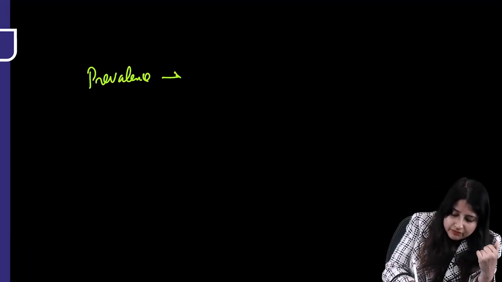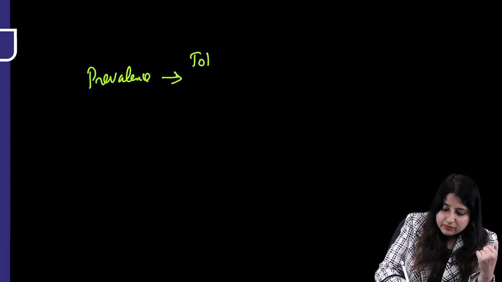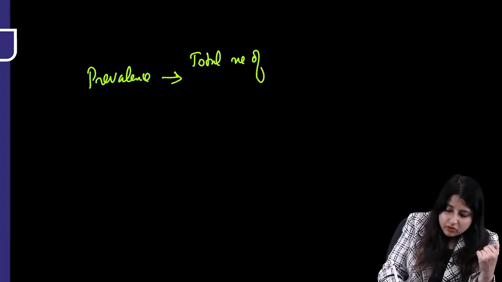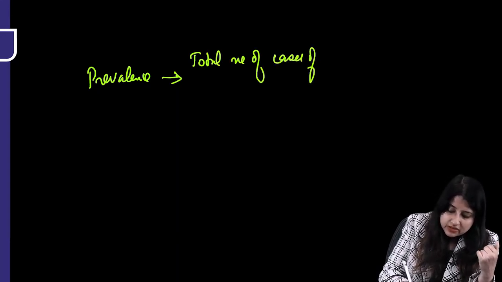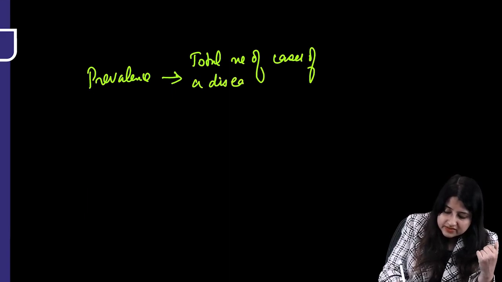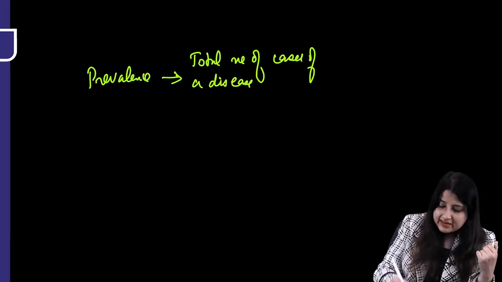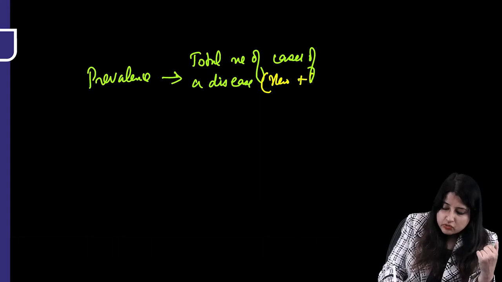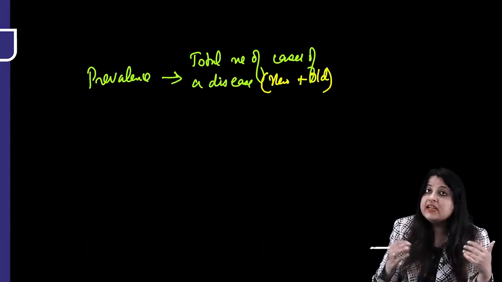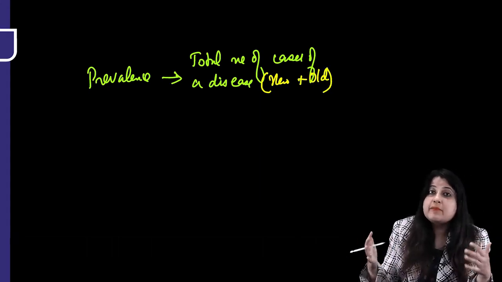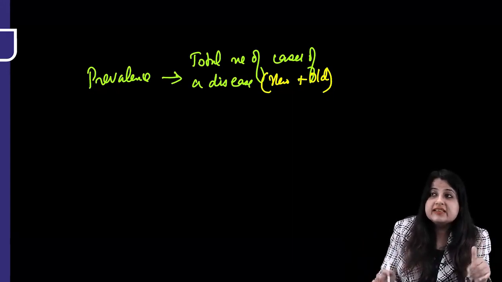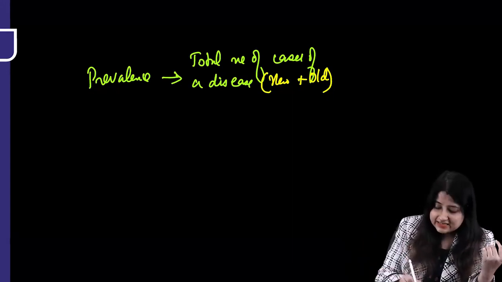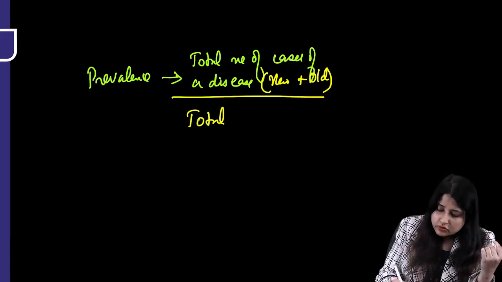It is nothing but total number of cases of a disease. When I say total number, it means what? New plus old, total number of existing cases, the new cases as well as existing cases, divided by the total population of the community.